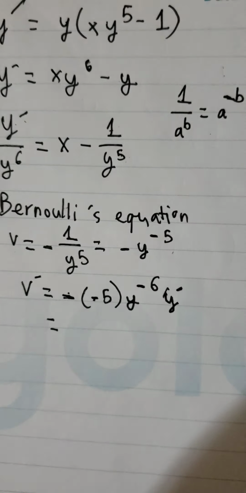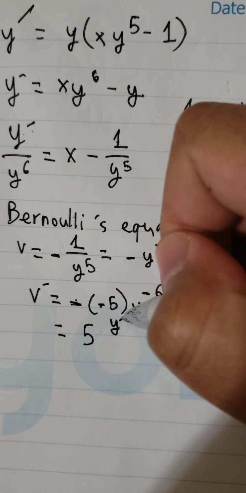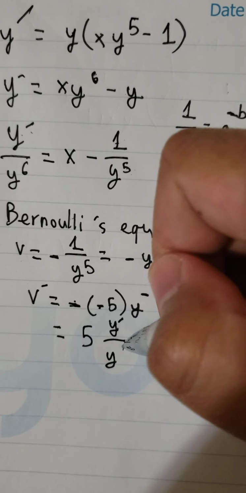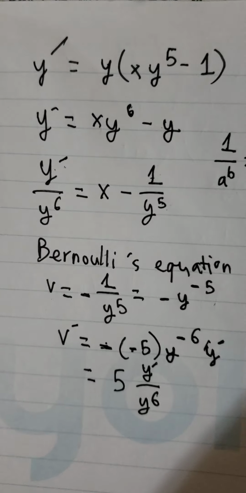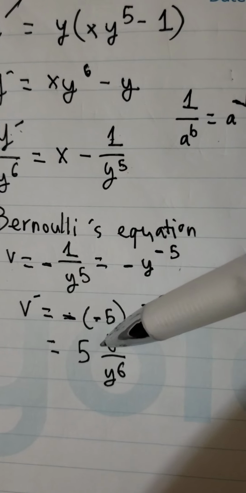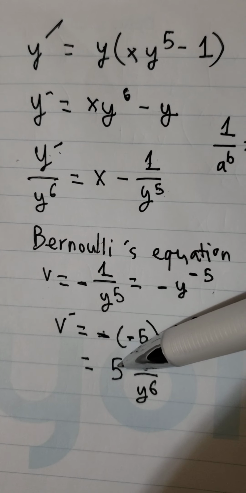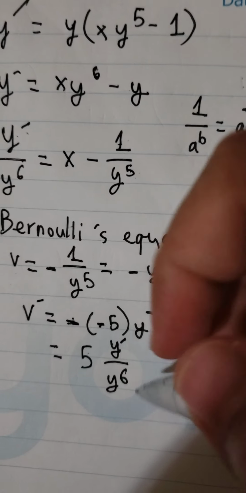If we look carefully, we can transform back from this one. Negative and negative, we have positive 5. Because in here we don't have number 5, we divide both sides by number 5.